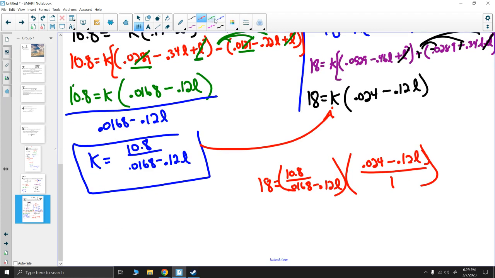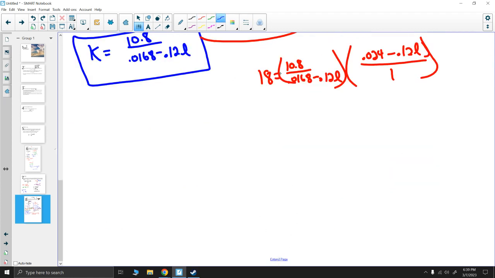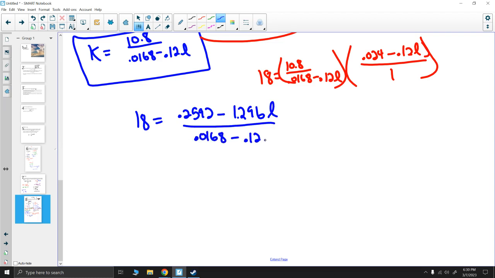Okay, so we're here. So that means we end up with 18 is equal to, so this 10.8 is being distributed into the top. So 10.8 times 0.024 is going to give us 0.2592 minus 10.8 times 0.12, which is going to give us 1.296L, over 0.0168 minus 0.12L.